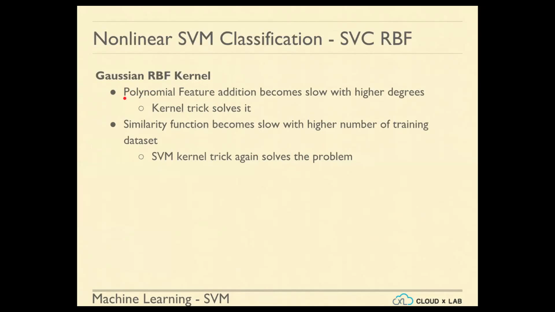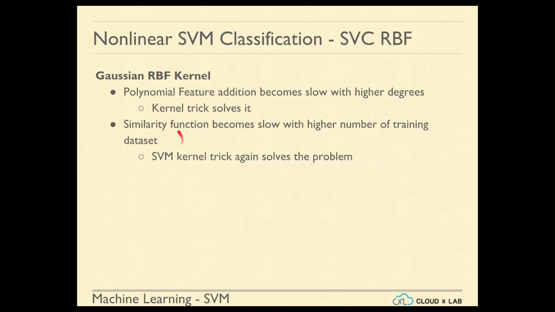The first one was that when we add polynomial features, the training became slow as the polynomial degree became higher. So the kernel trick we use there also solves it.